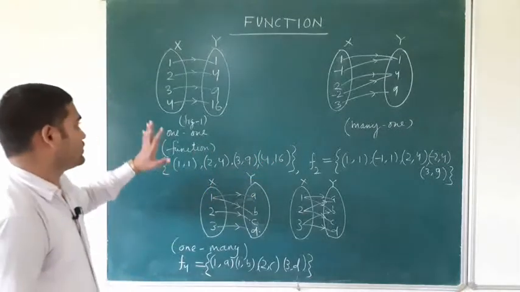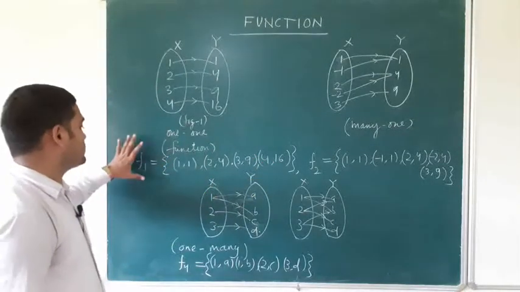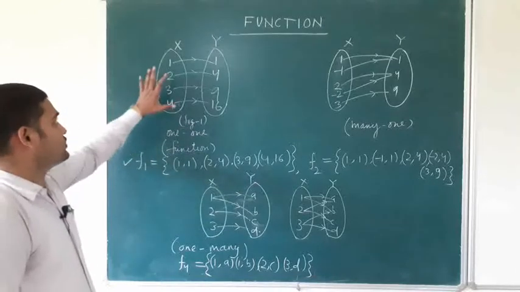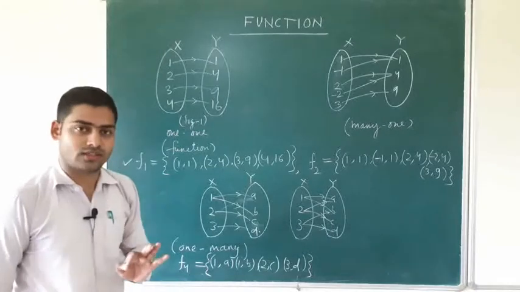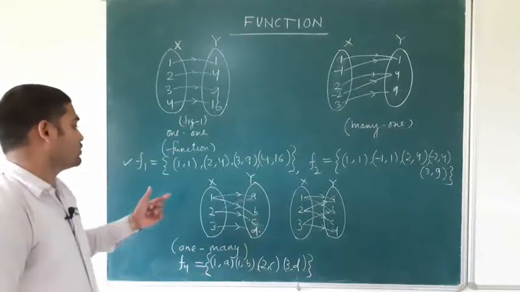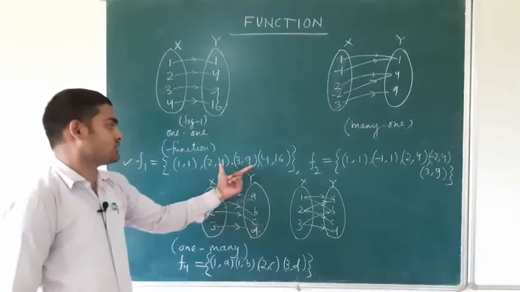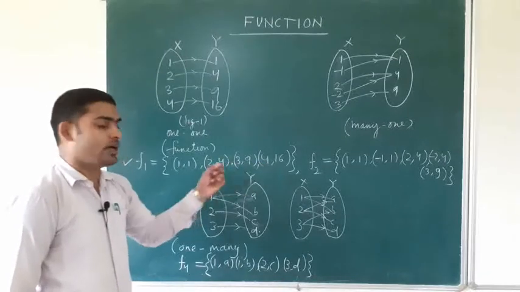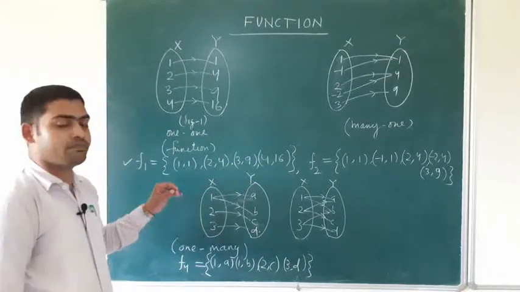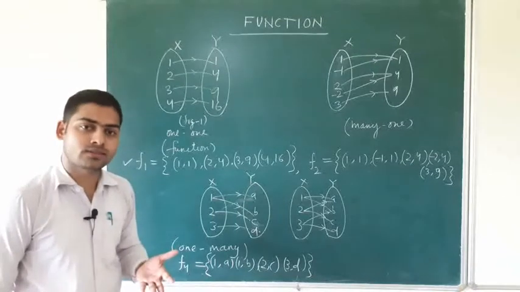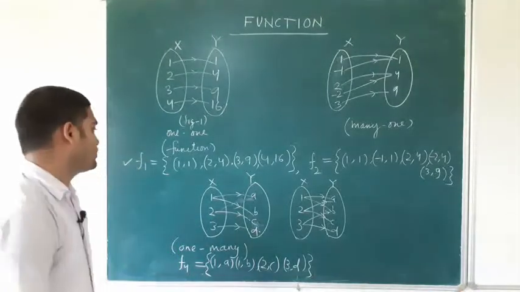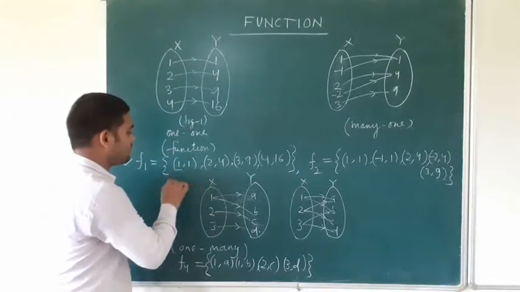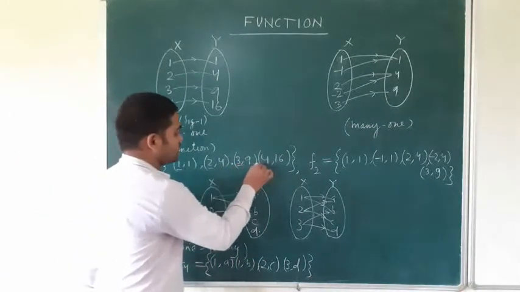Here domain of this function is X set, and no two distinct ordered pairs have the same what? Same first coordinates. So here you see 1, 2, 3, 4.